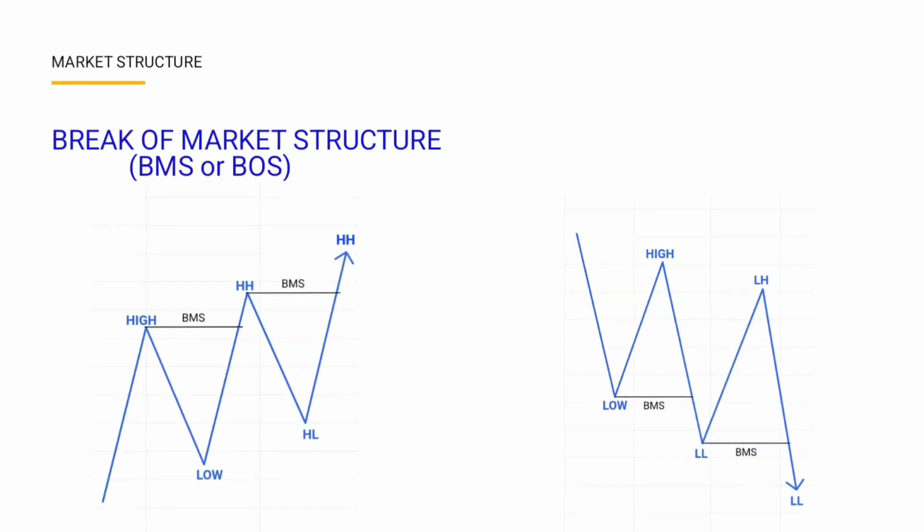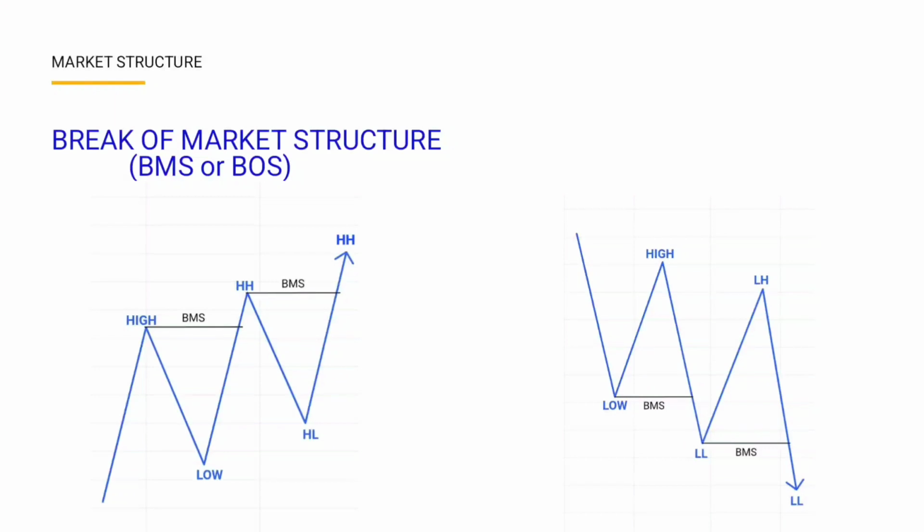Then we can say that this is a bullish trend. Now, if a higher high is created to go above this previous high level, we say that that structure of the high has been broken. So we call it a break of structure or a break of market structure. So in a bullish trend, a break of market structure is formed when a higher high is created.